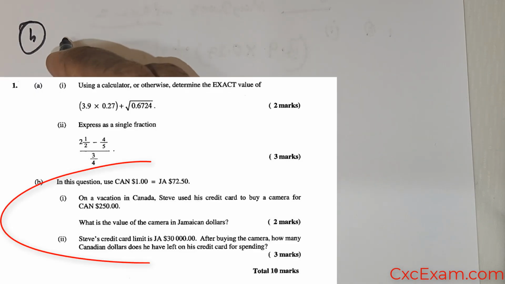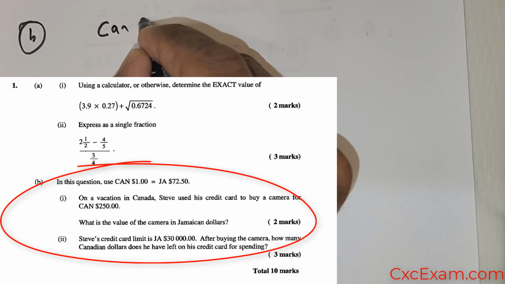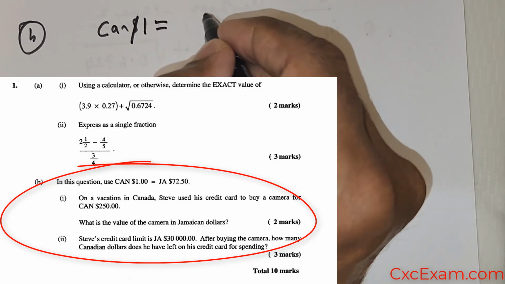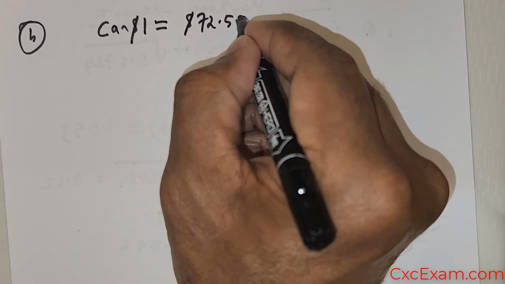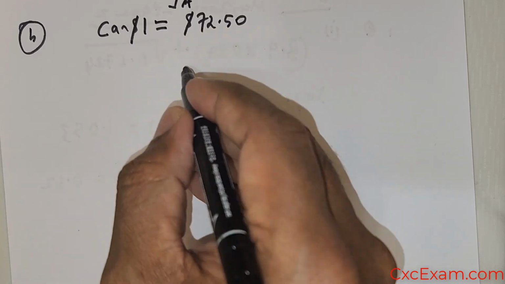Now this is part B. It is given that $1 Canadian is equal to 72.50 Jamaican dollars.